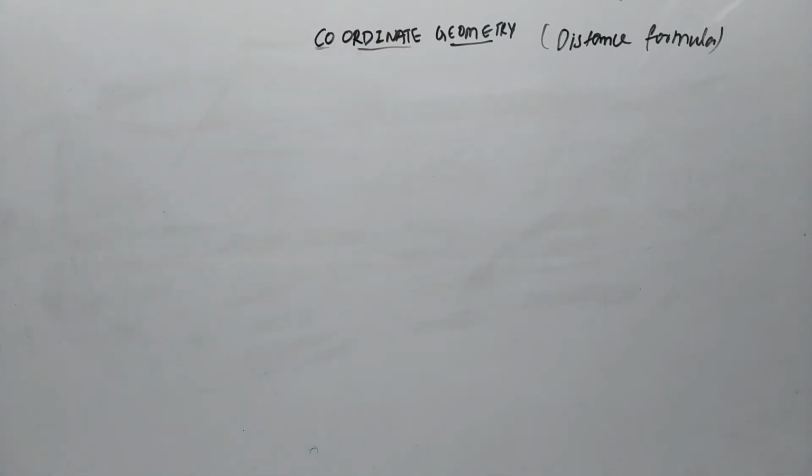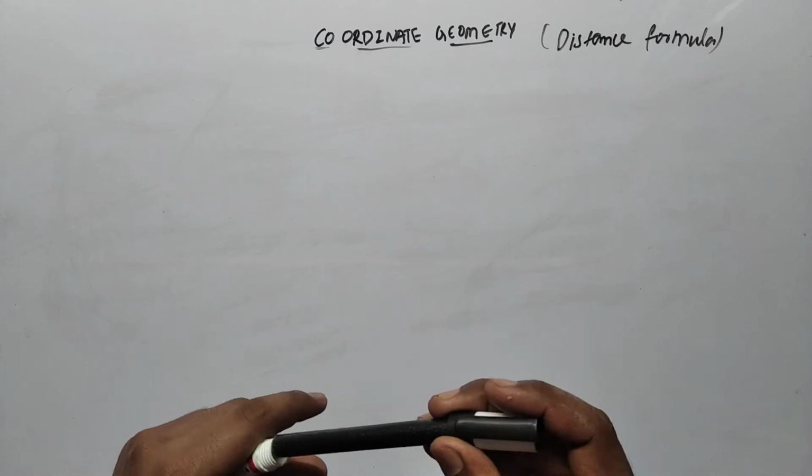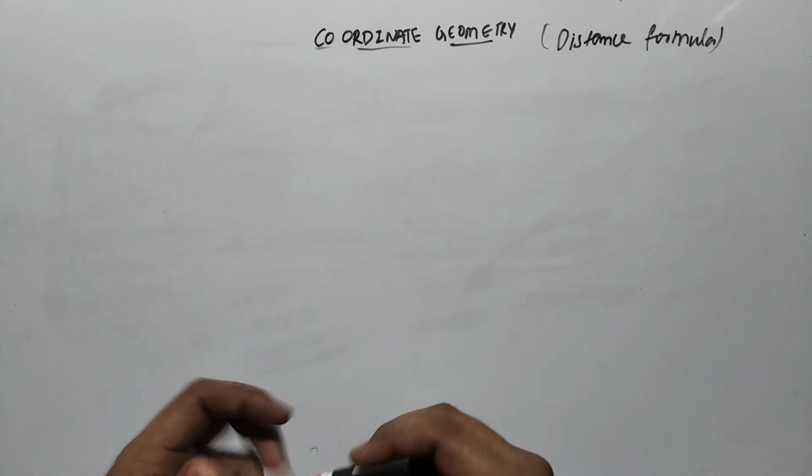If you have your textbooks, you can take the help of your textbook, where you have questions asking you to prove that the 4 given points form a square, rectangle, rhombus or parallelogram. Many of you don't have the textbooks, so I am giving some questions. Try to do this.